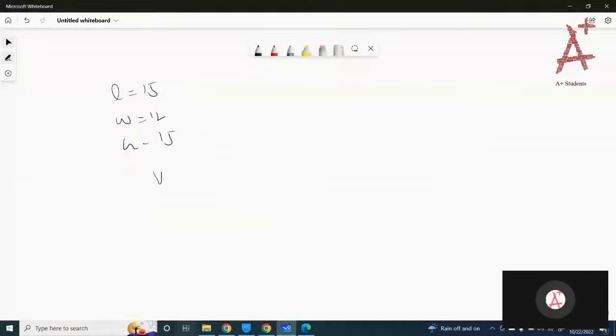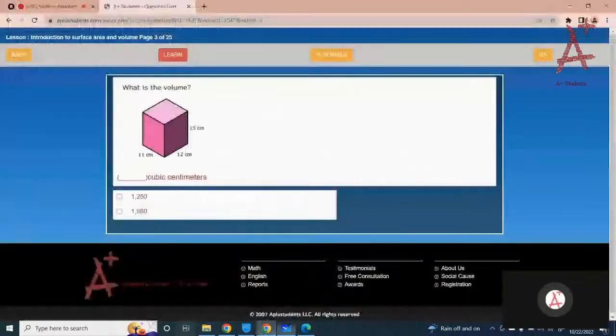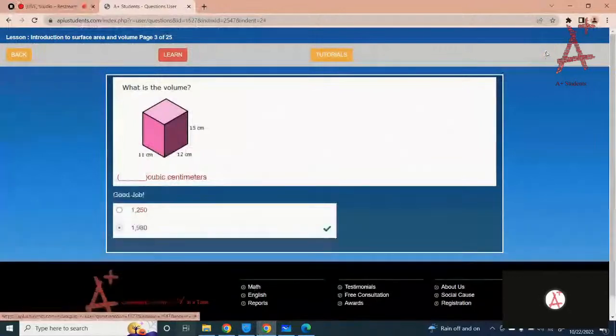So the volume is length times width times height. So it would be 11 times 12 times 15. That is 11, not 15. So 11 times 12 times 15 is 1980. Got it? So the value is 1980 cubic centimeters. Just select the correct option and then click on the OK button.